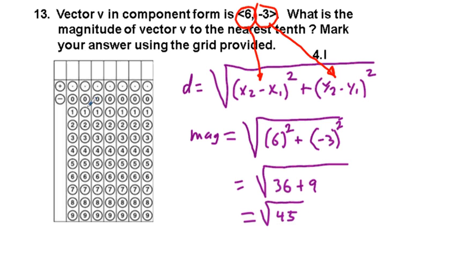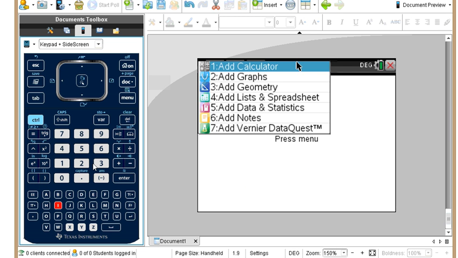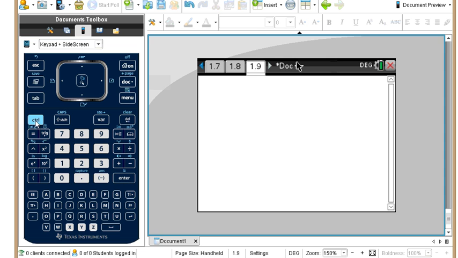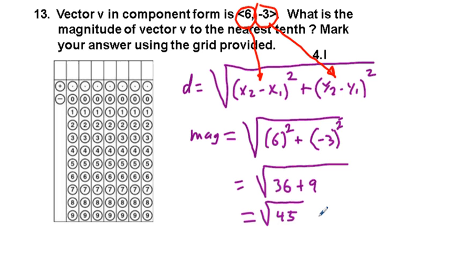And we are going to enter a grid here, so we need to have that decimalized. So if we go to our calculator, I'm going to press Control I, add calculator. We're going to put in square root of 45, and that's going to be to the nearest tenth, 6.7. So we go up here to our gridable area, so we put in 6.7.